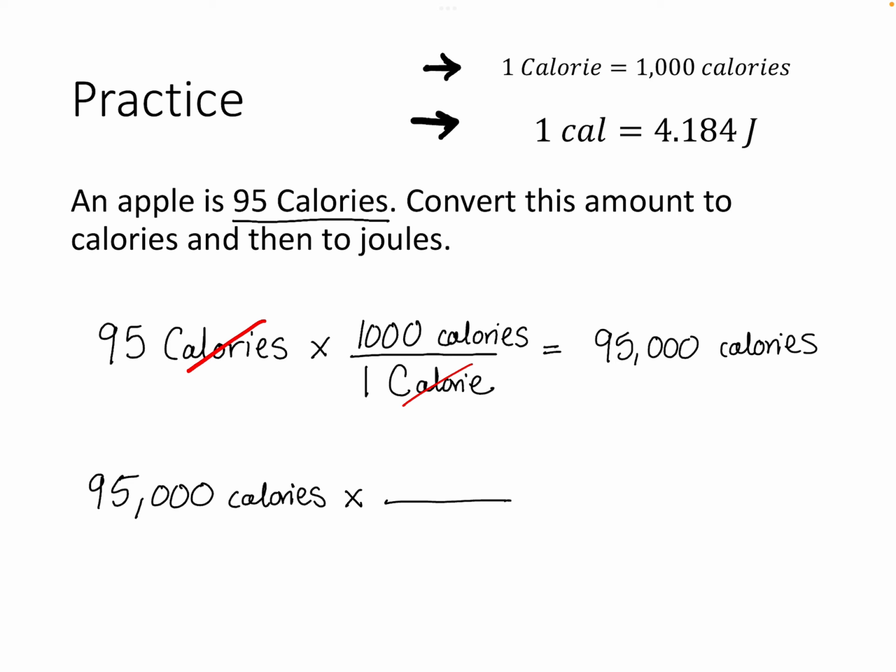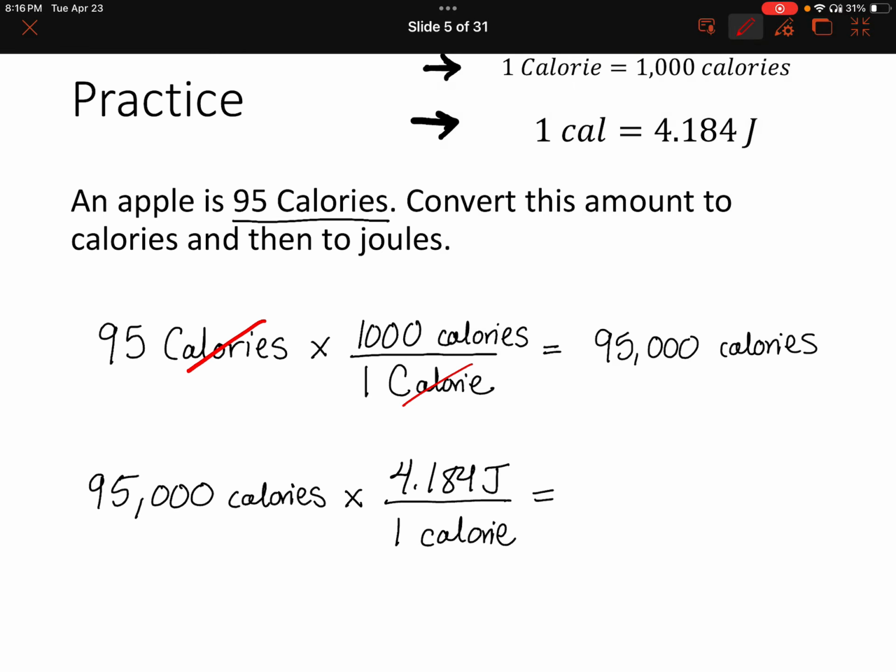And since I'm converting to joules, that will go in the numerator, and 1 lowercase c calorie goes in the denominator. So the lowercase c calorie cancels out, and we're left with joules. So my calculator gave me 397,480 joules.